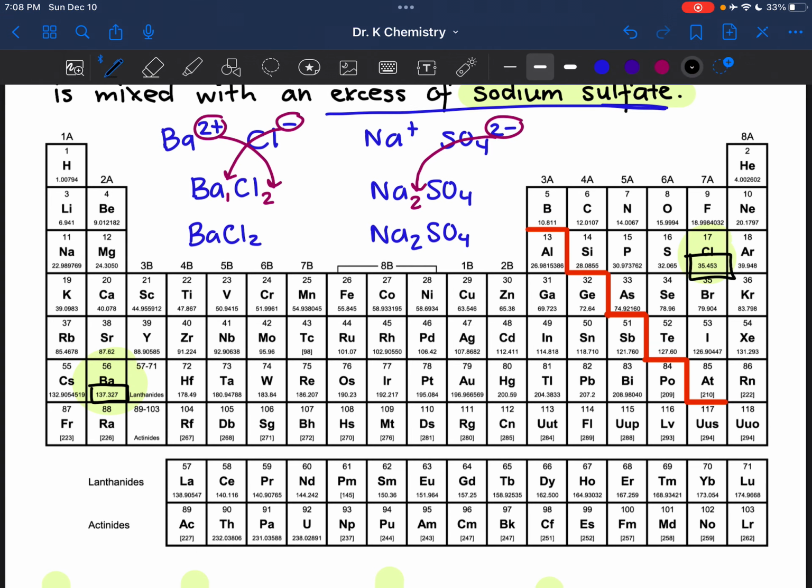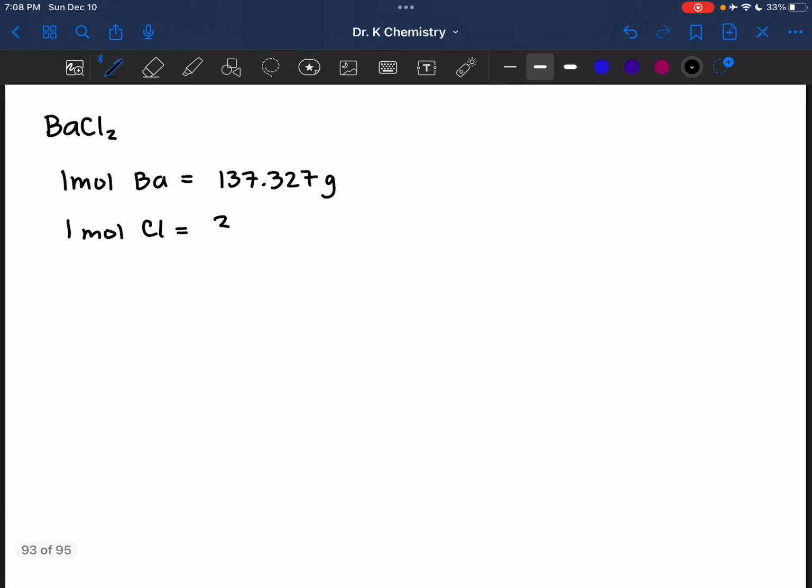And 1 mole of chloride has a mass of 35.453. Note that I'm keeping a lot of sig figs here just so that I don't get any errors from rounding. So I'm going to round at the very end. Now keep in mind that in the formula we actually have 2 chlorides, so we need to multiply that by 2 to account for that.